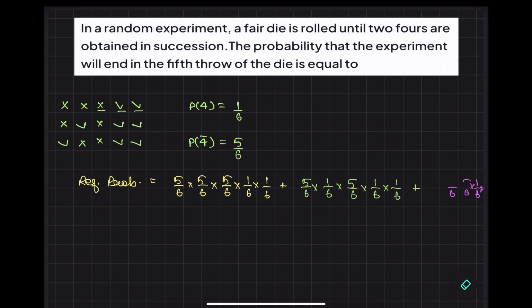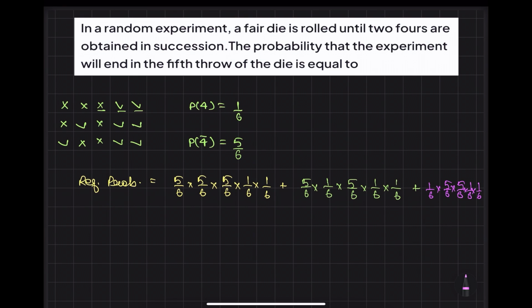So means here we have limited choice. Look at this, yes is 1 by 6, then 5 by 6, 5 by 6, 1 by 6, 1 by 6.